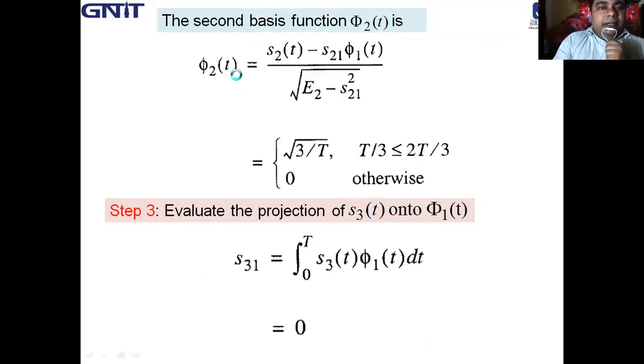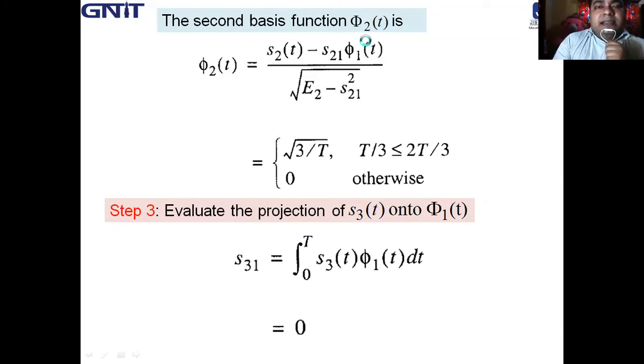Therefore, phi 2(t), the second basis function, can be determined as S2(t) minus S21 phi 1(t).